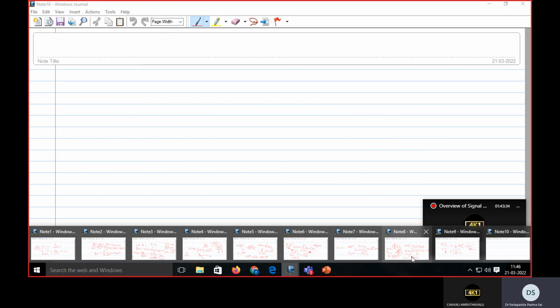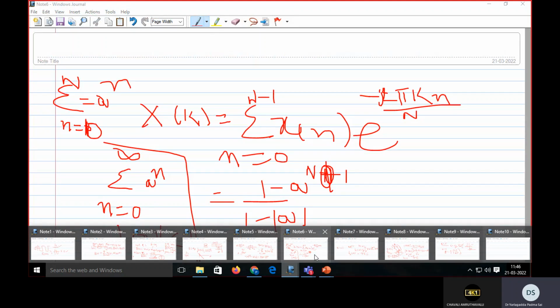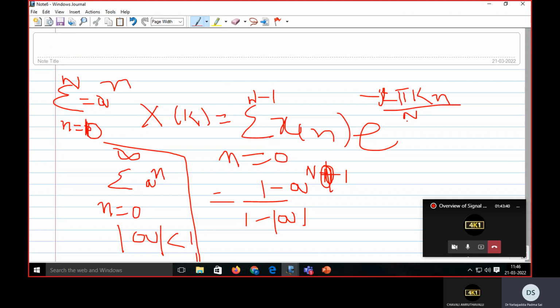Even though by using the fast Fourier transform we are computing the DFT only, what is the need to go for FFT algorithms? Previously I mentioned this in one of these things: this is your DFT equation in this slide.